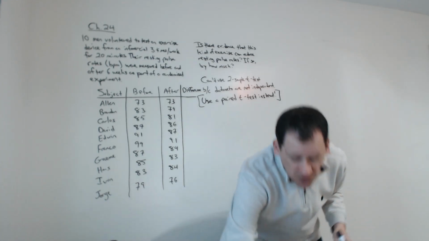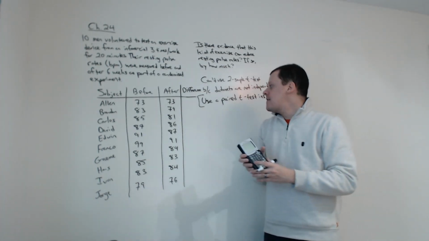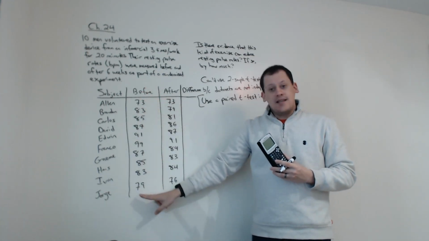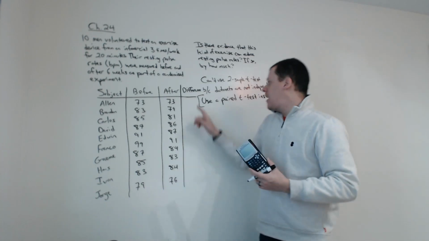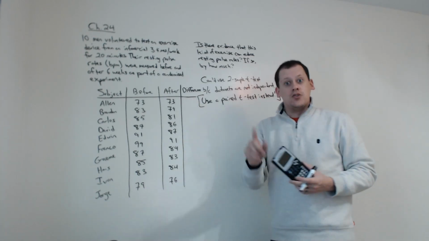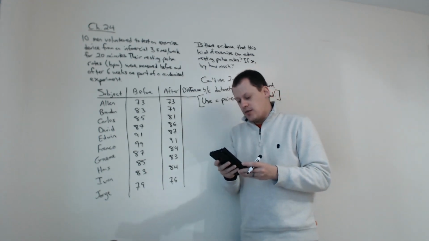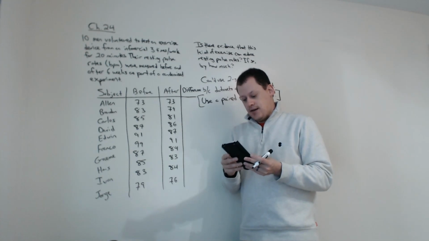What you could also do, and this might be a little more helpful because you're going to have to put this in the calculator anyway, go ahead and put this data set in L1, make these numbers L2, and then you can calculate the differences in L3. And I'll show you how to do that in just a sec. If you want to pause the video and put those in L1 and L2, I'll show you how to get the differences really easily in L3.